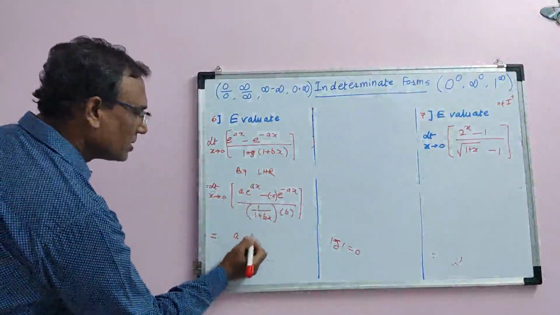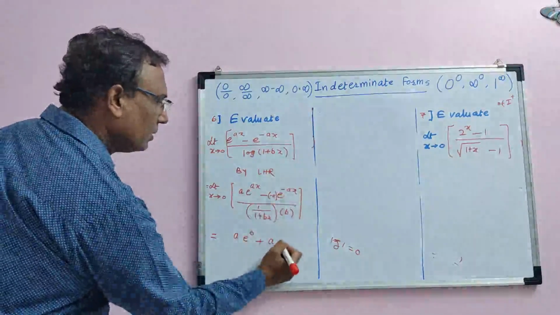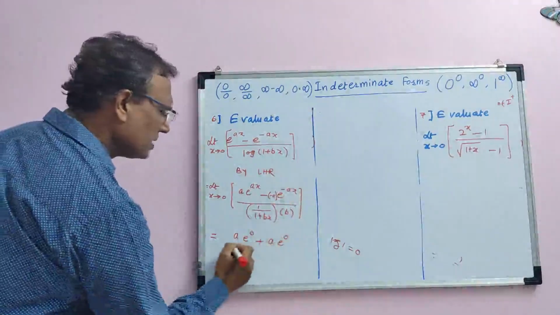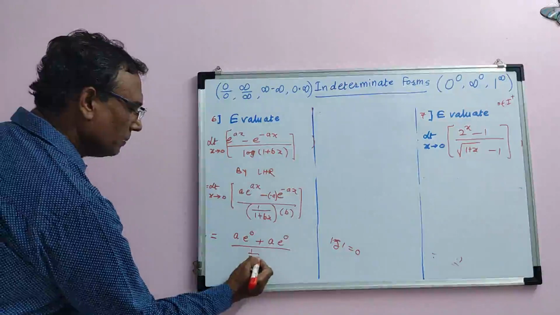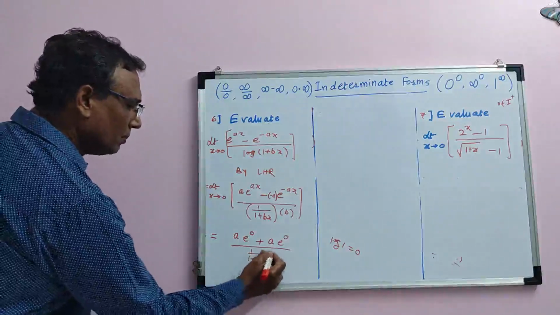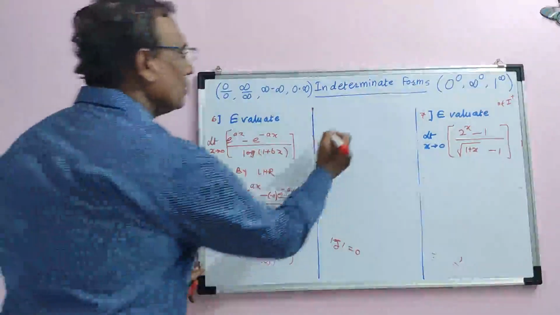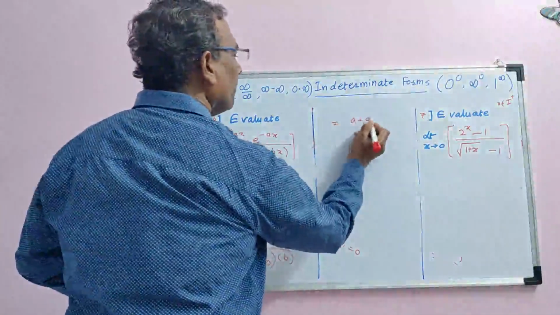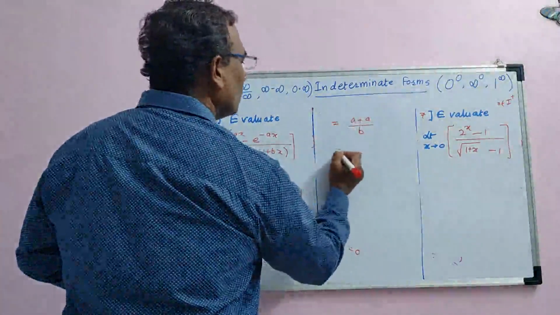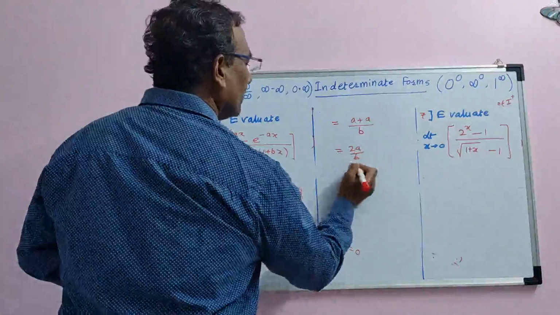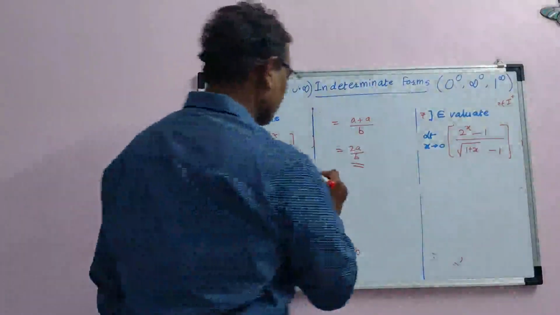A e to the power 0 plus a e to the power 0, e to the power minus 0 and e to the power 0 are the same. 1 by 1 plus b into 0, multiplied by b. Then a plus a is 2a, because e raised to 0 is 1, and 1 by 1 into b. Then 2a by b is the value of the limit of this function.